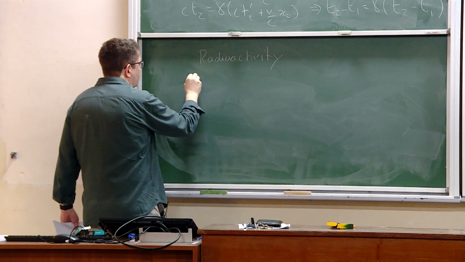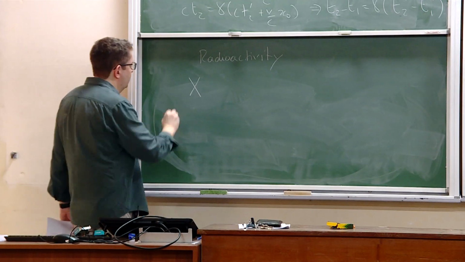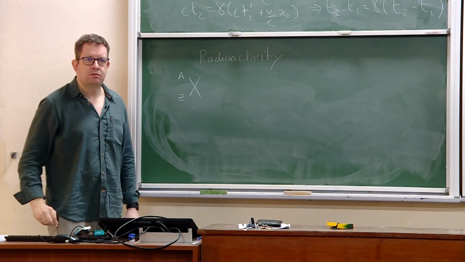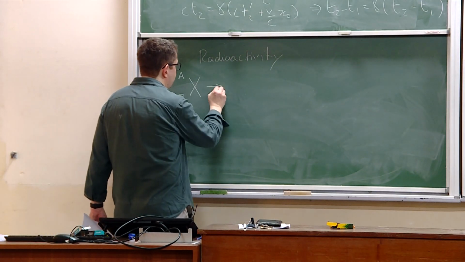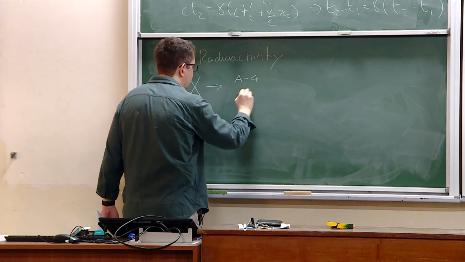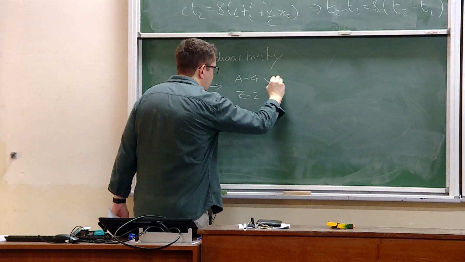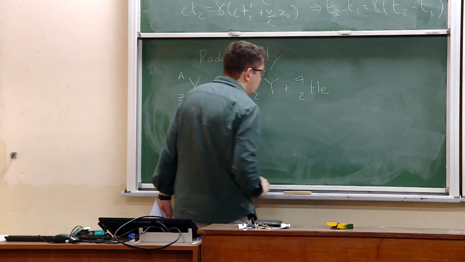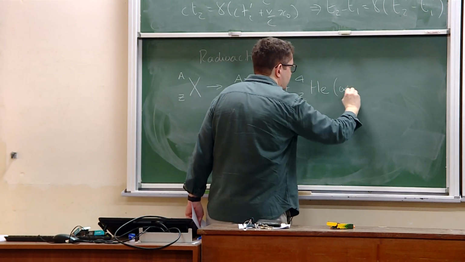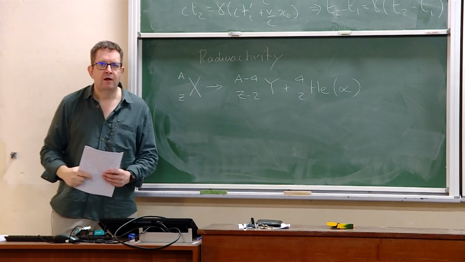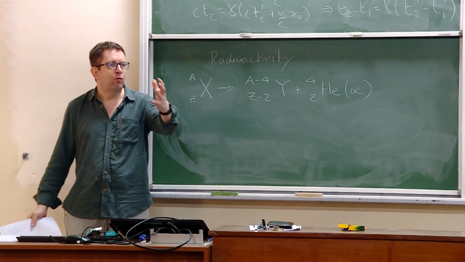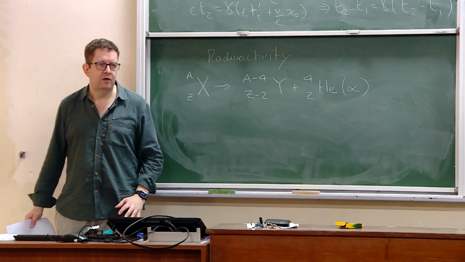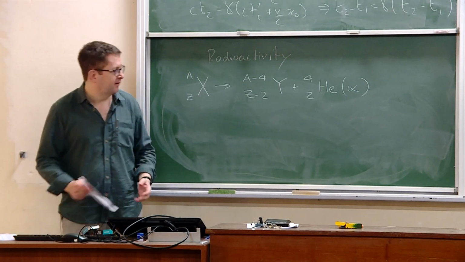I'd have some nucleus with a mass A and some atomic number Z, the number of protons, going to some other nucleus, plus our alpha particle. So this is a radioactive decay where I have one nucleus turning into another by spitting out a helium nucleus. This is alpha decay. This was the first thing that was discovered.